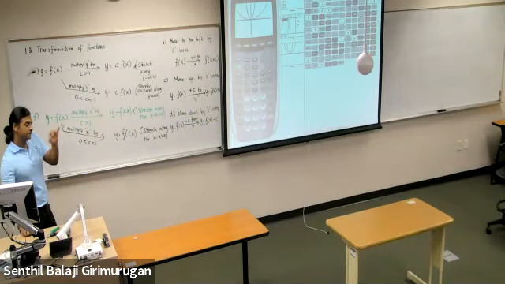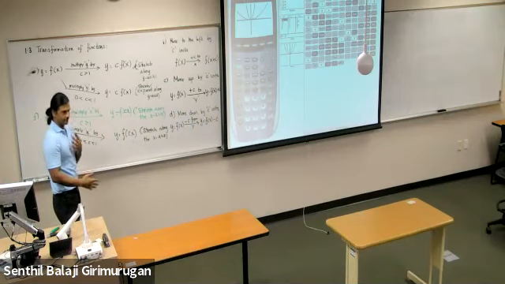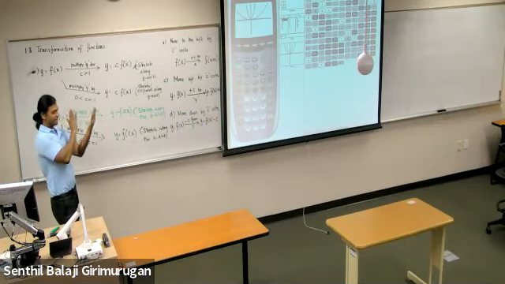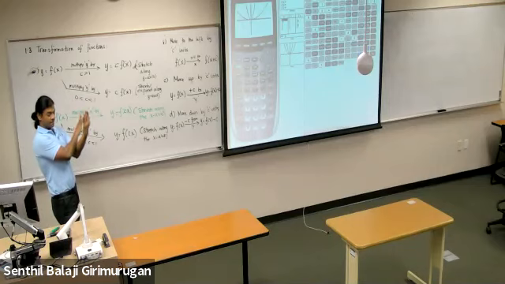So that multiplication by negative or any negative number is what we call reflection, right? When you reflect along the x-axis, you're simply multiplying x by a positive number.